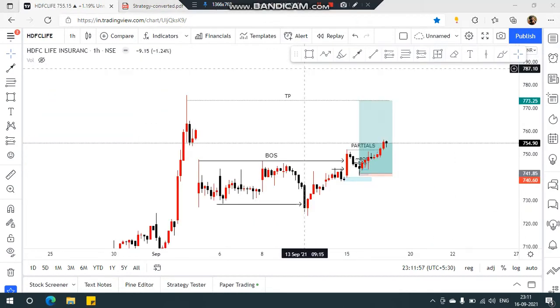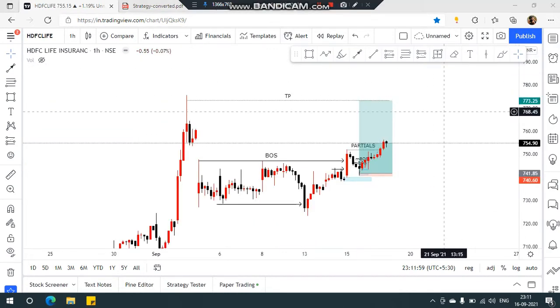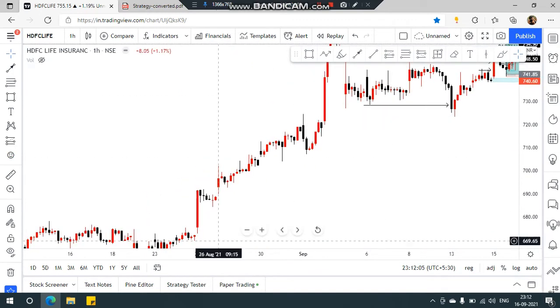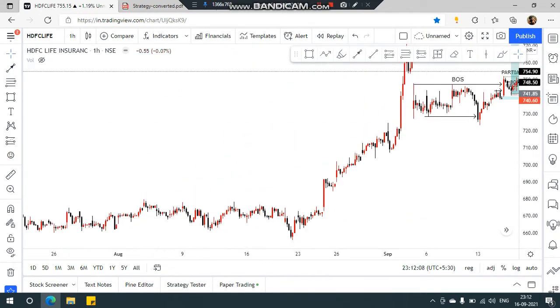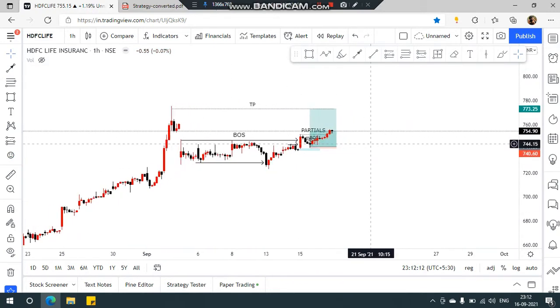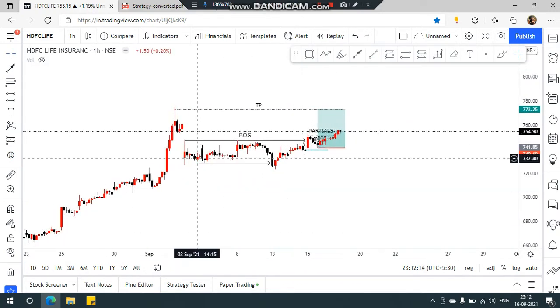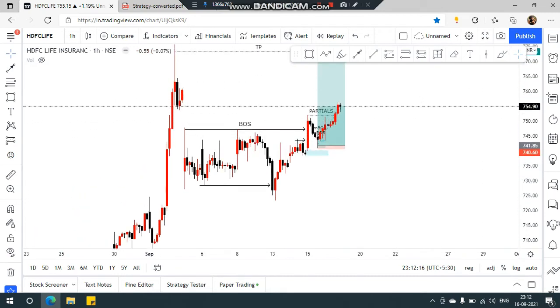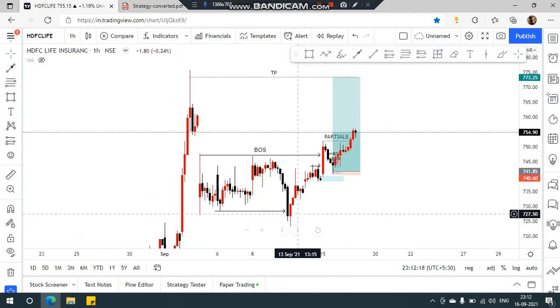Okay guys, so this is the second example of taking an entry. Let me show you. This shows an uptrend, and then here we got a consolidation, a ranging market, and then it broke to the downside.